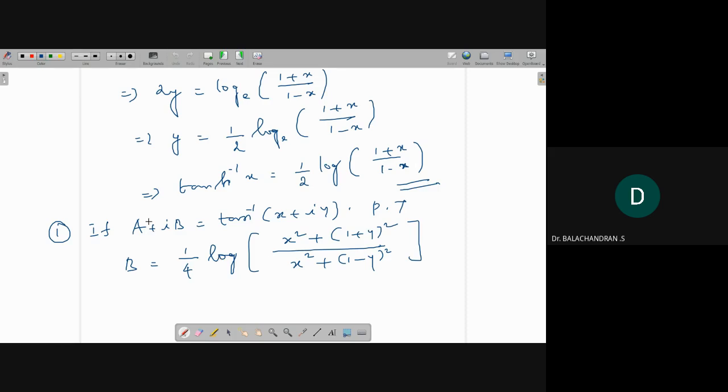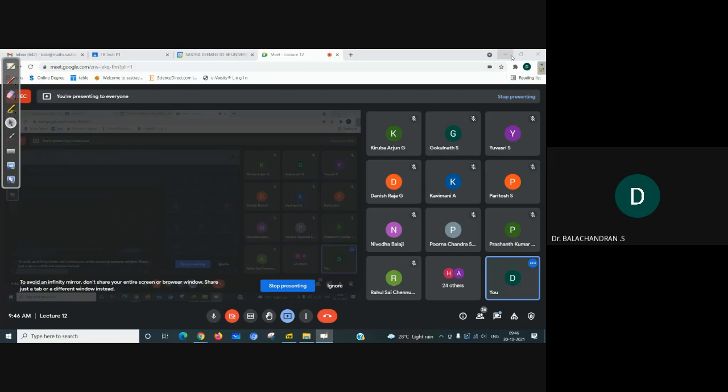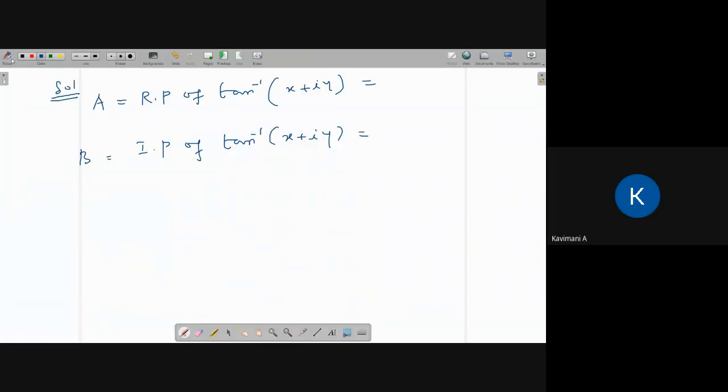A is the real part of tan inverse of x plus iy, and b is the imaginary part of tan inverse of x plus iy. So what is a? Please tell quickly.